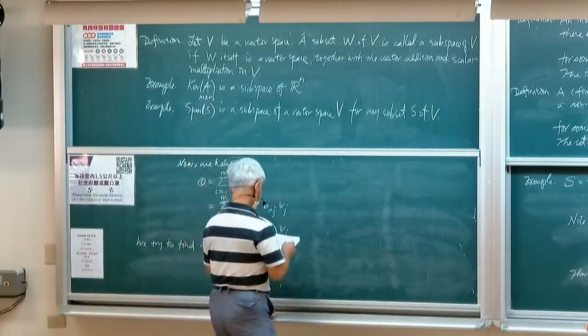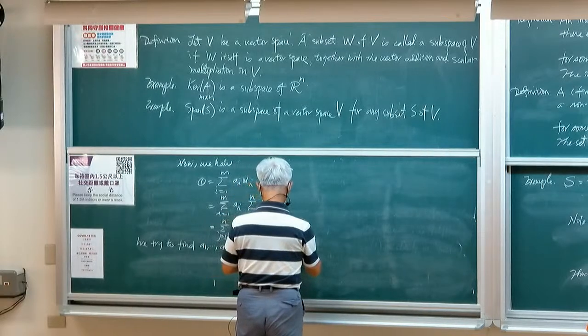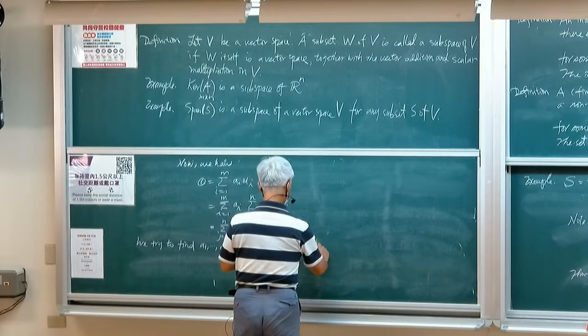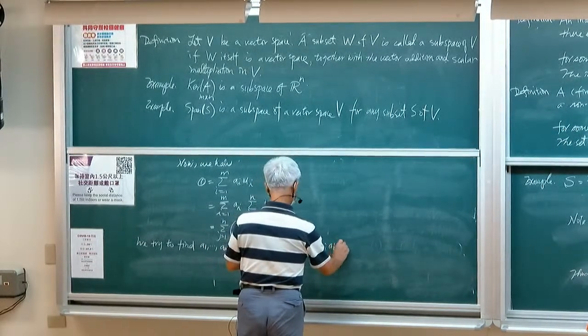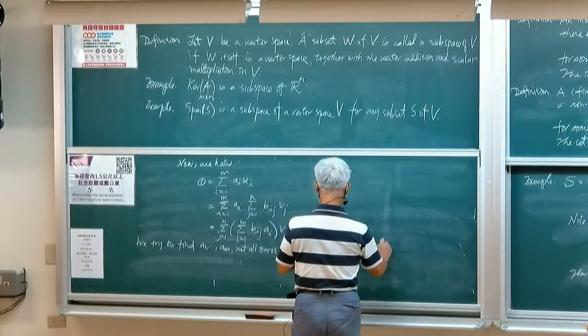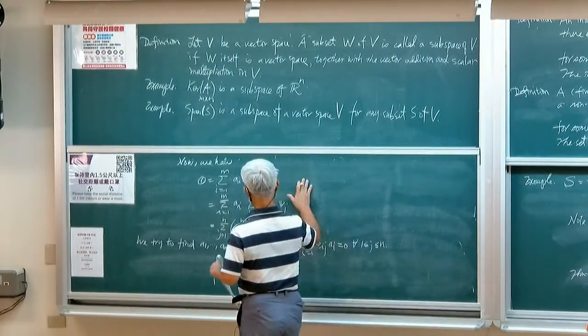Okay, so we try to find a such that the summation over i from 1 to m of b_ij a_i is 0 for all j from 1 to n.